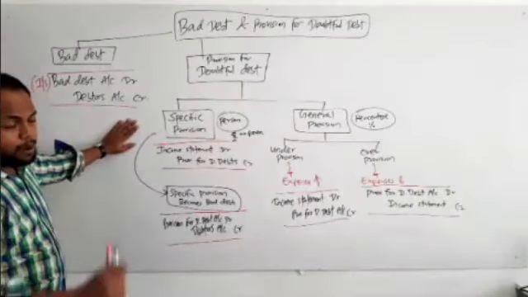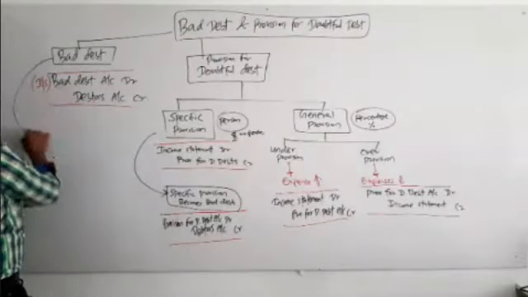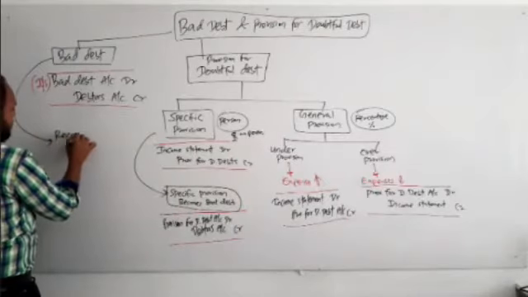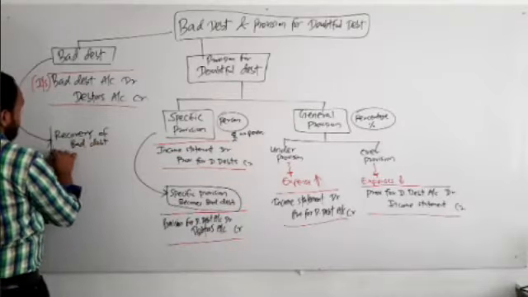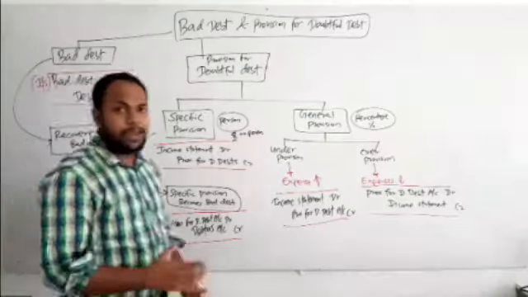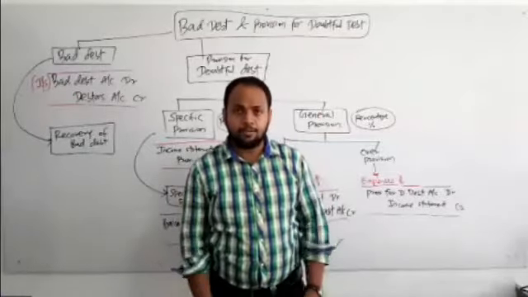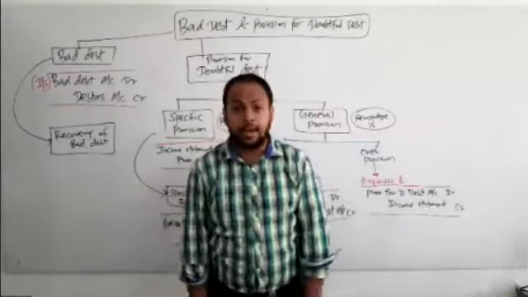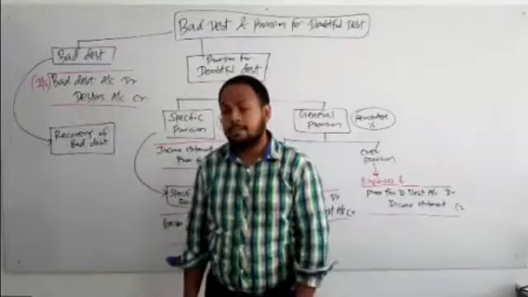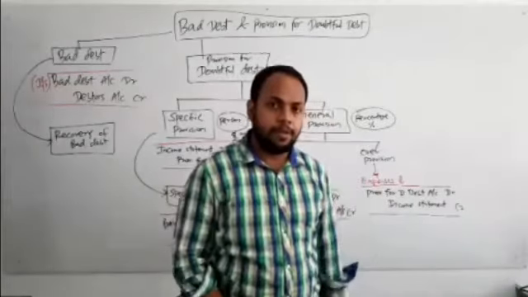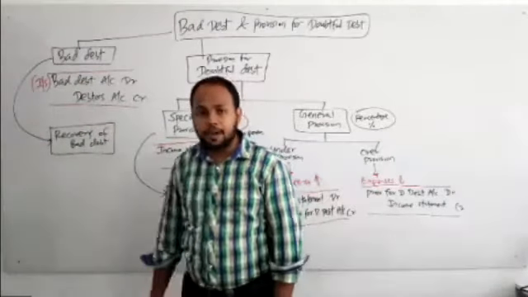Then there is one more part related to bad debt. Sometimes we collect the bad debt: recovery of bad debt. Bad debt means we are sure that we are not receiving money from the debtor. So if it becomes bad debt and we recover it, it is an additional income, like an extraordinary income. Now you don't have the debtors account because the data has already been removed from the accounts.